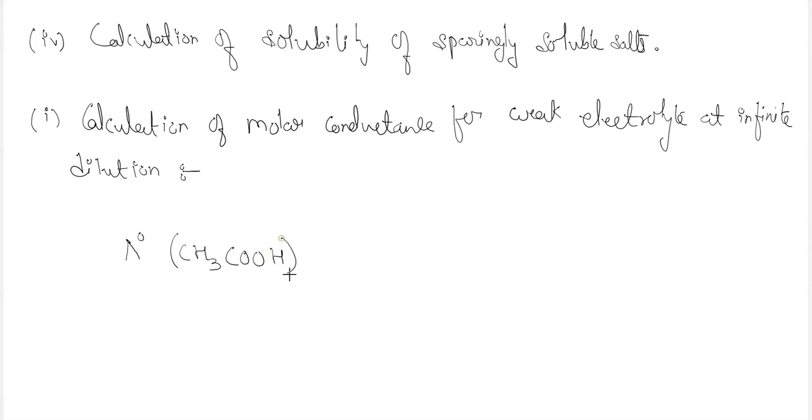We have taken acetic acid as our weak electrolyte here, and if I am going to calculate the molar conductance, then it will be equal to lambda naught CH3COO minus ion plus lambda naught H plus ion. So this will give the molar conductivity for our given electrolyte.